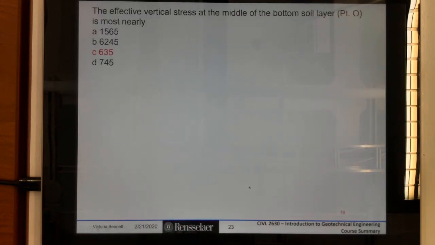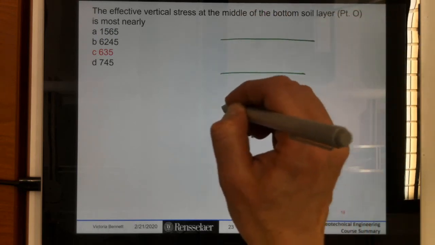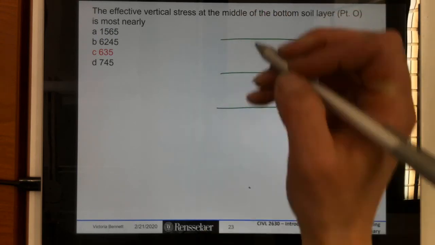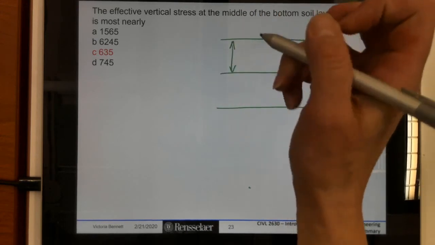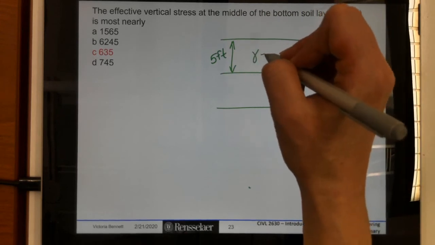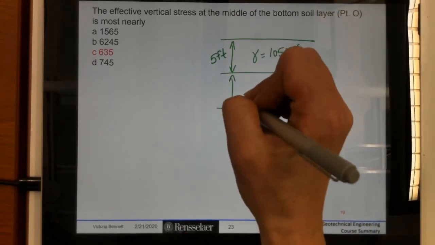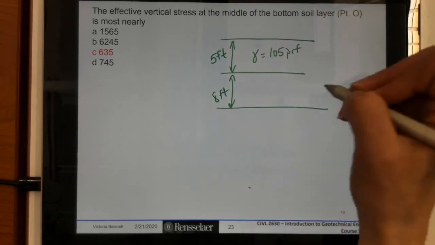In this case, I didn't give you the profile, but the question was, you have this soil profile: 5 feet of some soil with a given unit weight, and 8 feet of a second layer.